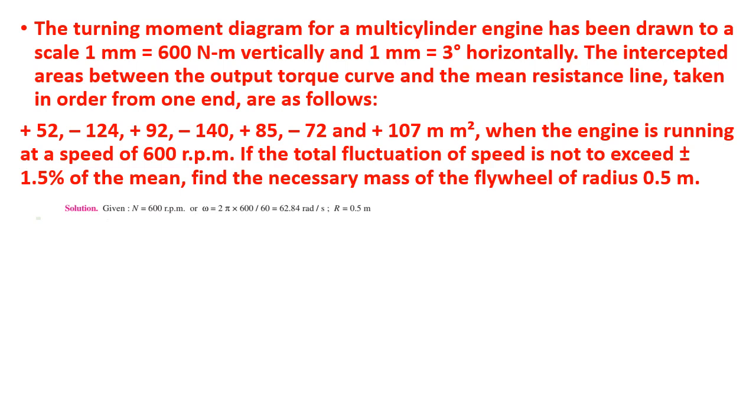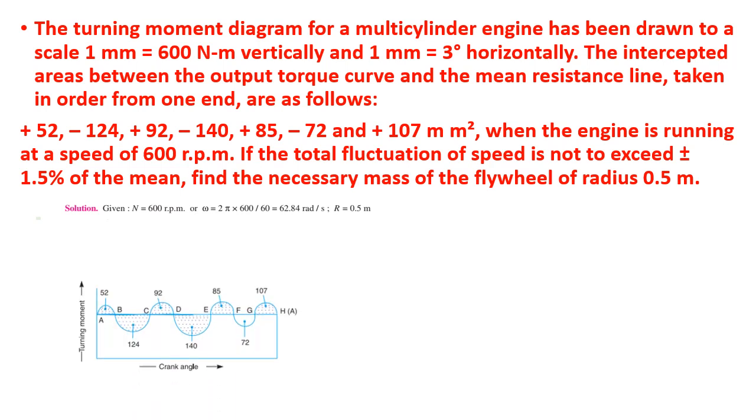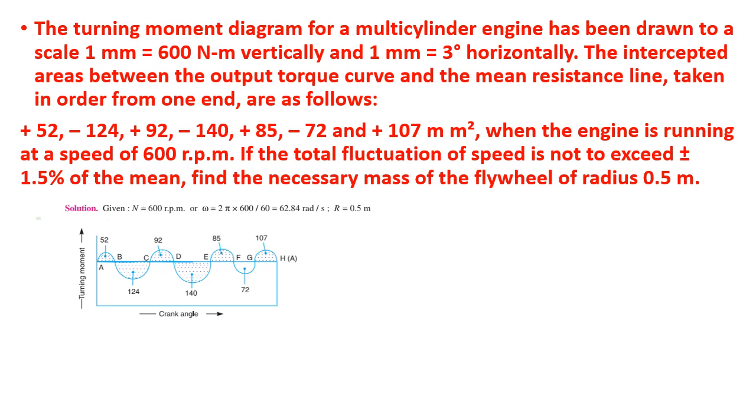So next we have to draw the turning moment diagram. You all know that the standard turning moment diagram for a multi-cylinder engine will be something like this. The crank angle is on your x-axis and the turning moment is on your y-axis. I have incorporated the given values in the same sequence.